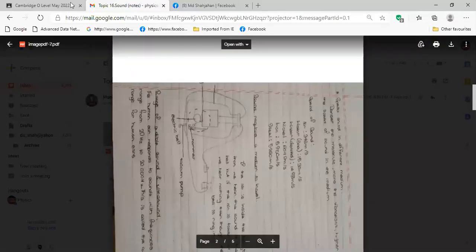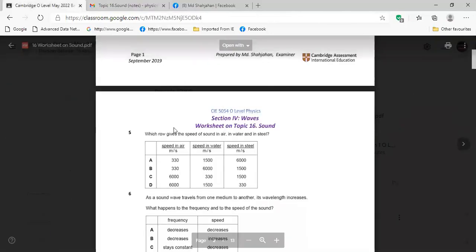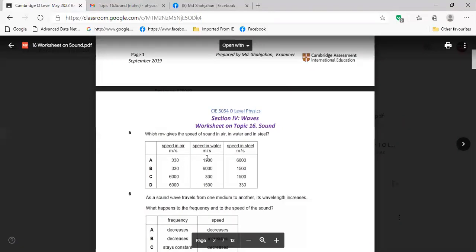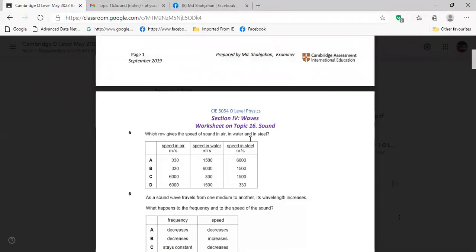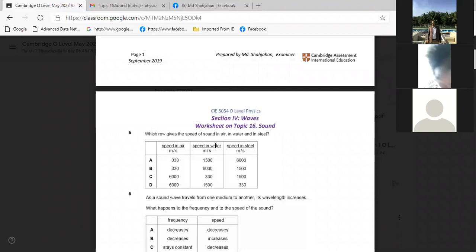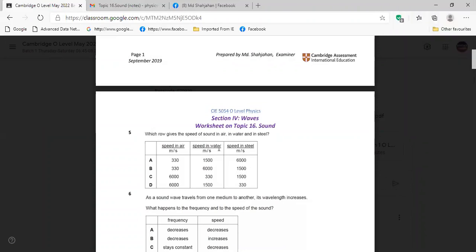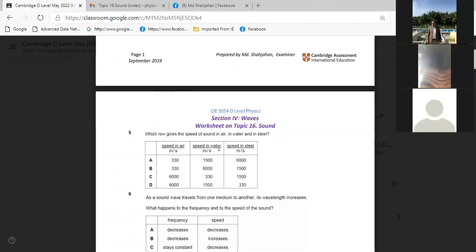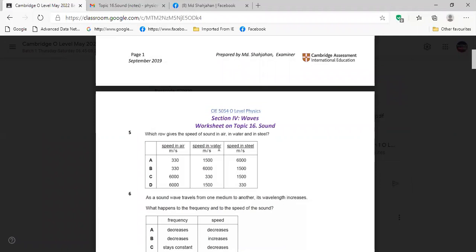Sir, in Cambridge questions, this way questions come about sound speed in different media, and they also give this type of question where you have to know the typical value, like speed of sound in steel, speed of sound in water. So which one is necessary for you, that one I am giving you, not everything.